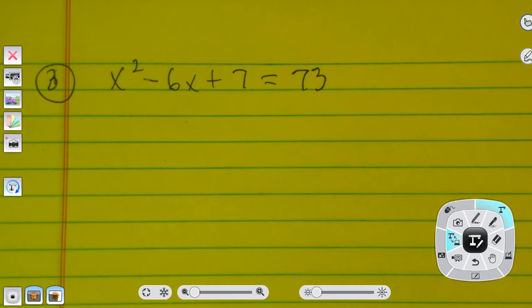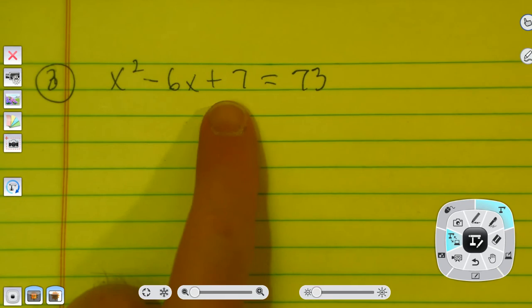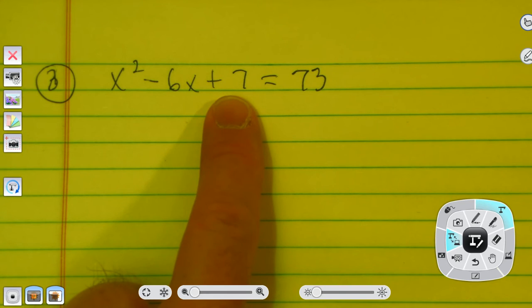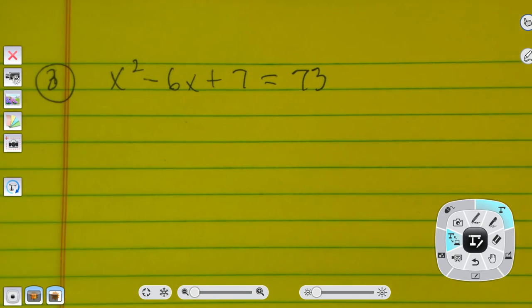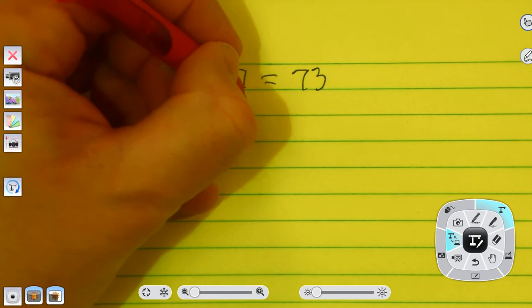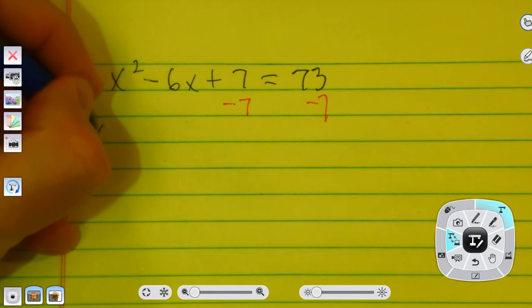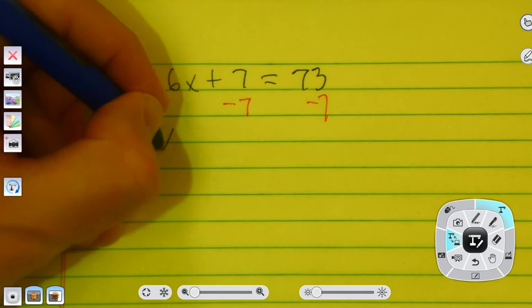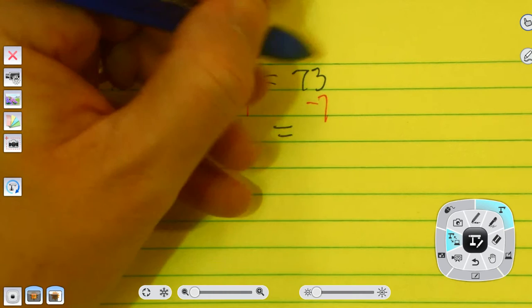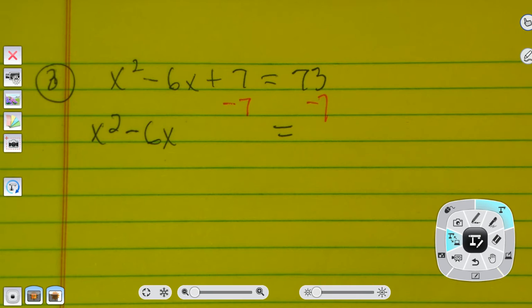Now, remember, if we're going to complete the square, we want to really get rid of the constant, the C term, and put some space in there. I hope you're writing this down. To do that, I'm going to move 7 over. In other words, I'm going to subtract 7 from both sides. And I'm going to leave a little space here. So it's going to be x squared minus 6x equals, and then 73 minus 7 is 66.